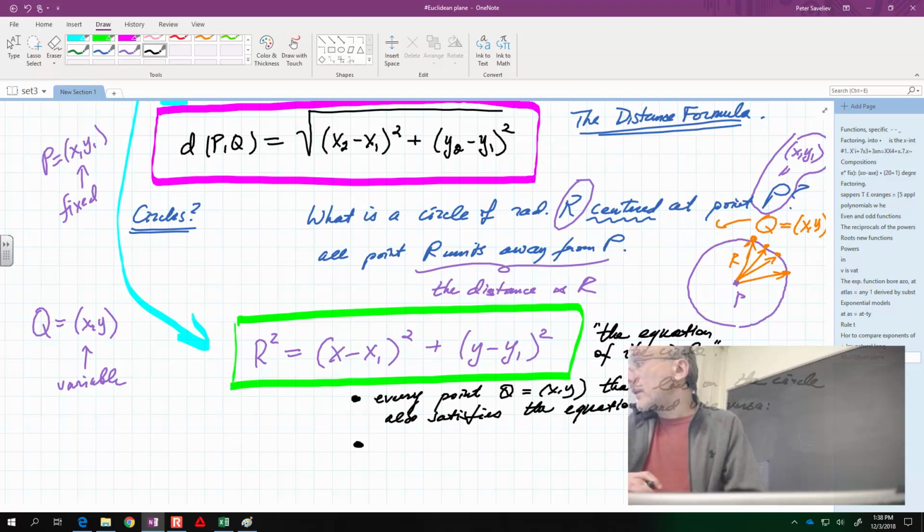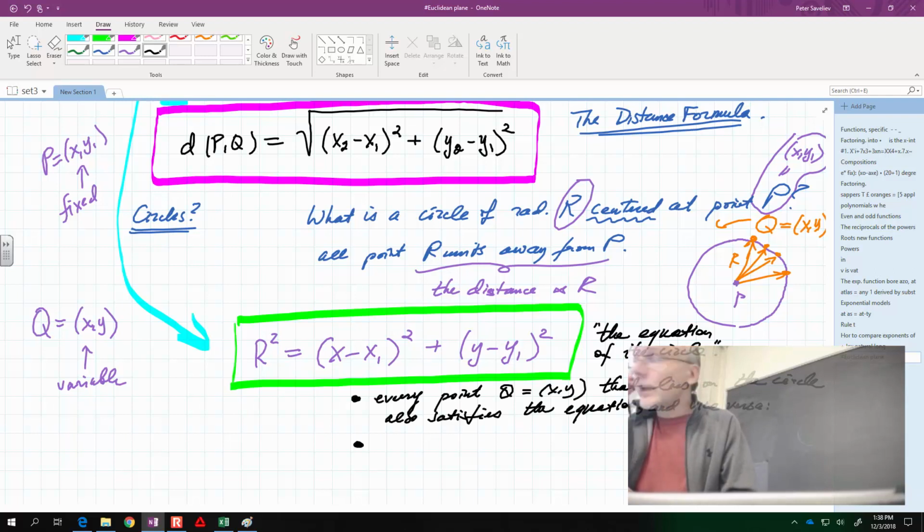Every point that lies on the circle satisfies the equation. What's the converse? Every point that does not lie on the circle does not. Yes, that's what I had in mind: every point that does not lie on the circle. It is true, and it is the converse, but the converse is easier if we just change the order of the statement, without doing negation, which is a bit confusing.